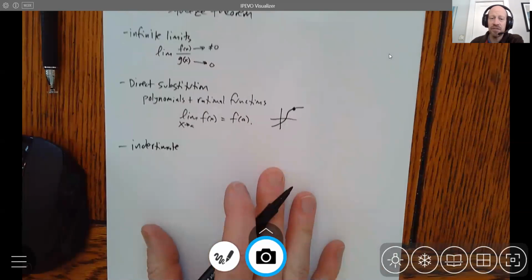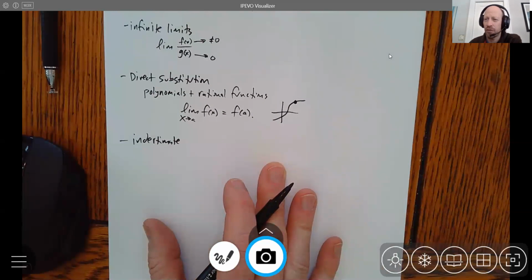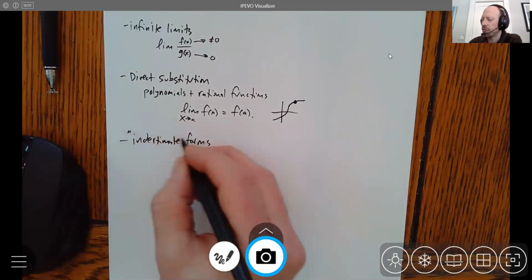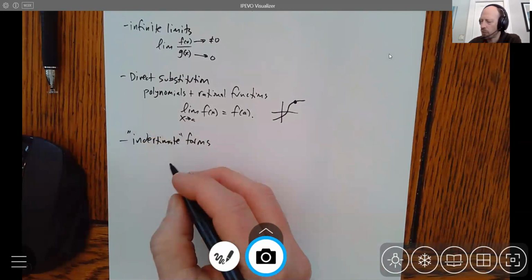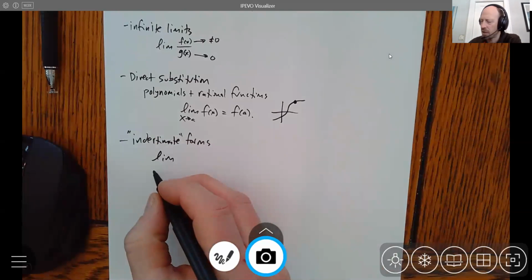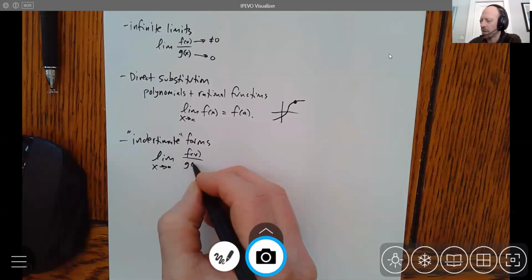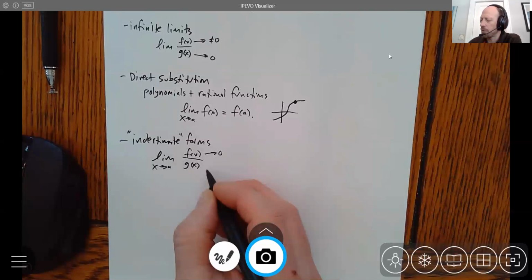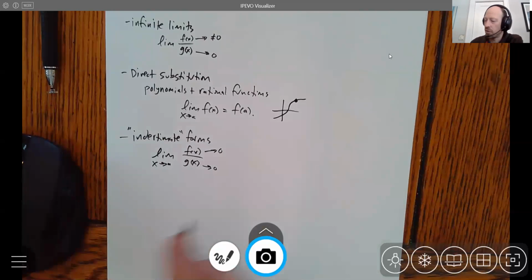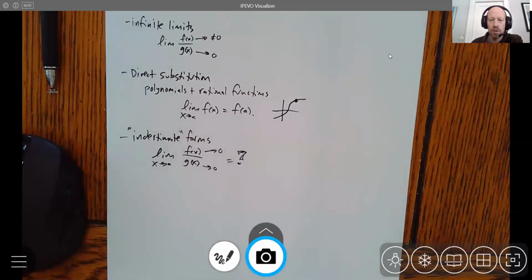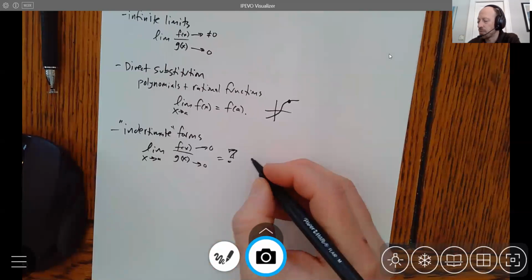At the end of our last section, and hopefully as you were working through the homework, we had what I call these indeterminate forms, right? So indeterminate forms is when, again, typically it comes from a rational setup, f of x over g of x, and it's where both the top and the bottom are both going to 0. Right? And that's indeterminate. We don't know what that is going to be, and this is where we have some algebraic steps.